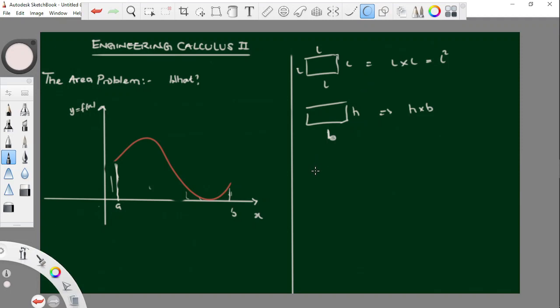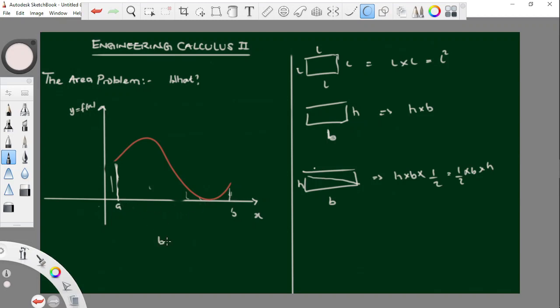Then when we go into a triangle, a triangle is just half of a rectangle. So if this is the base and this is the height, the triangle will be half times base times height, since it's cut into two. So good enough.